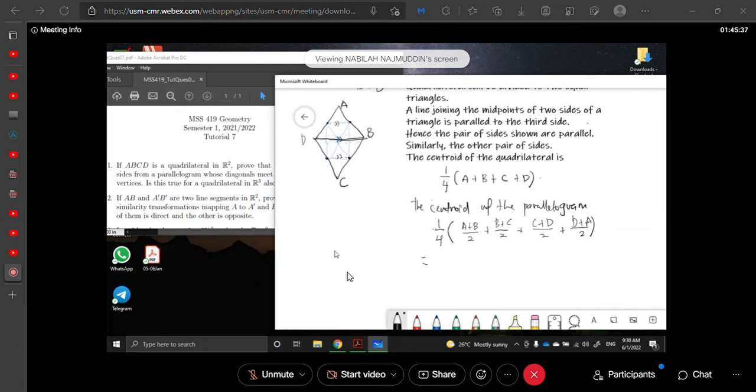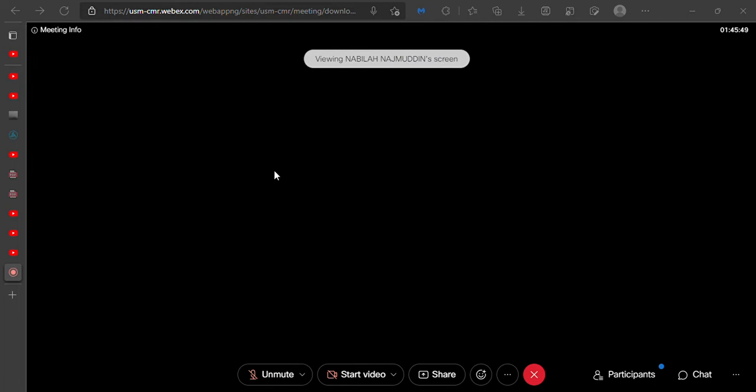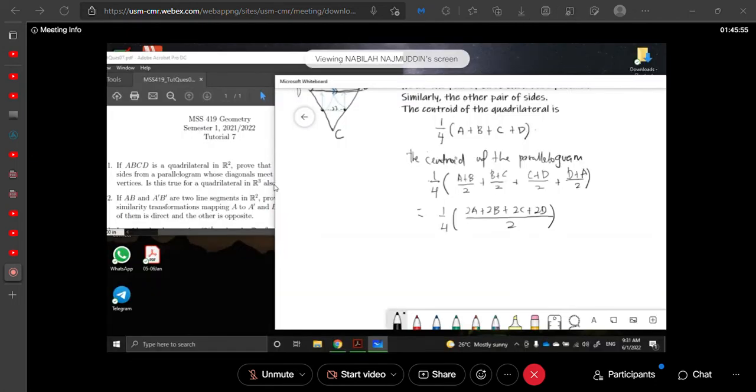So 1/4 is 2A plus 2B plus 2C plus 2D over 2. Then we can factorize the 2 and cancel it with this one.